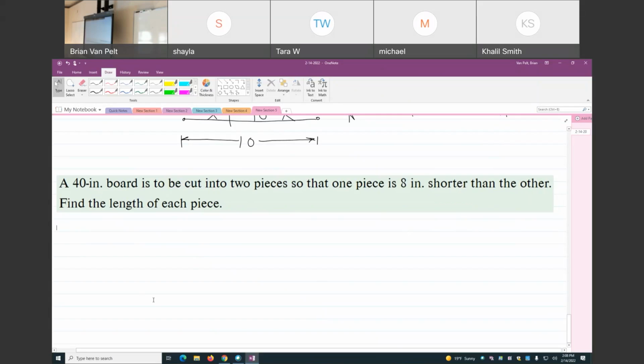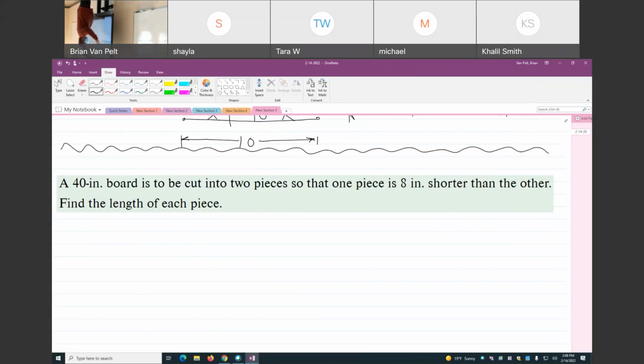A 40-foot board is cut into 2 pieces. 40-inch board. I say 40 feet. So immediately, a 40-inch board is cut into 2 pieces. Can you tell me how much one piece is?